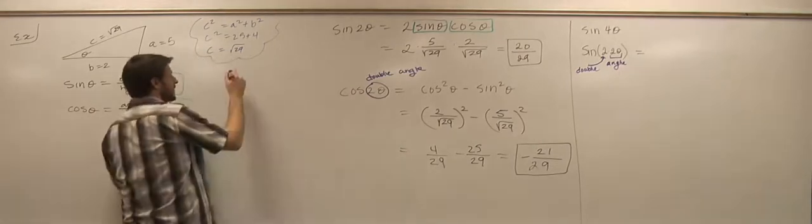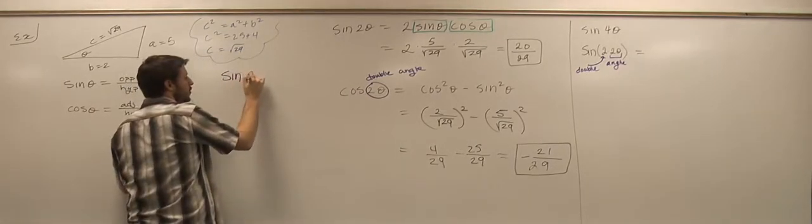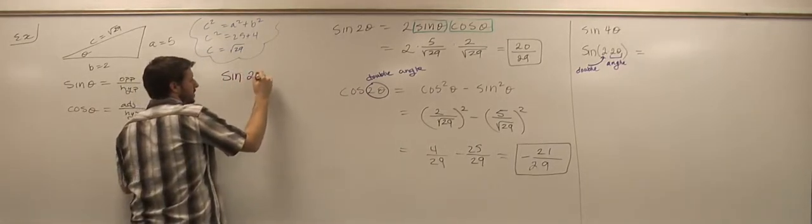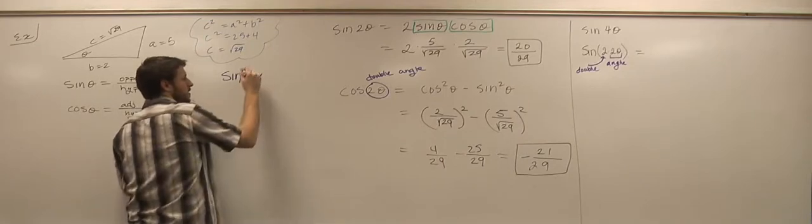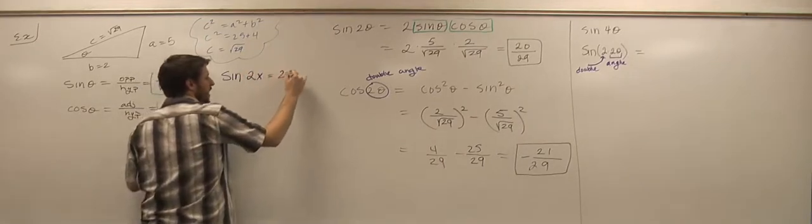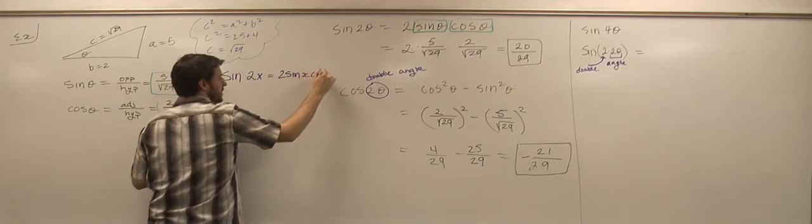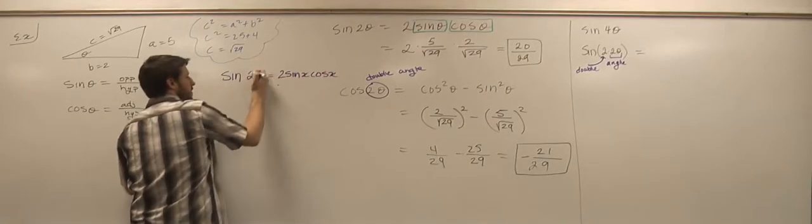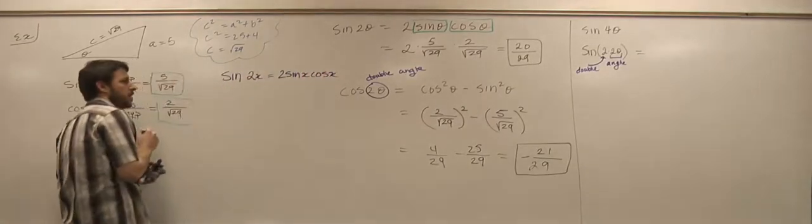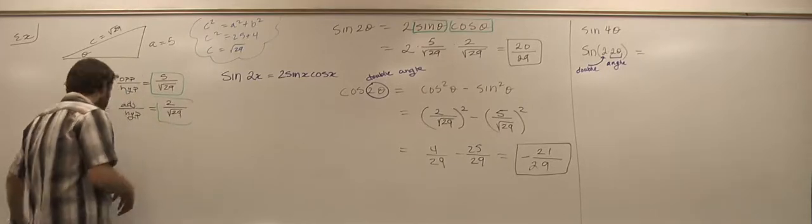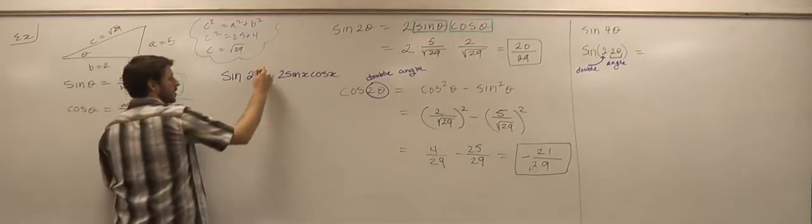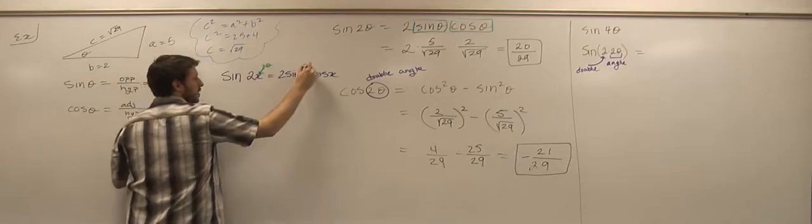The formula says if I take sine of 2 times an angle, call it x, then I should get 2 sine x cos x. But I don't want to use x anymore, I want to use 2 theta.